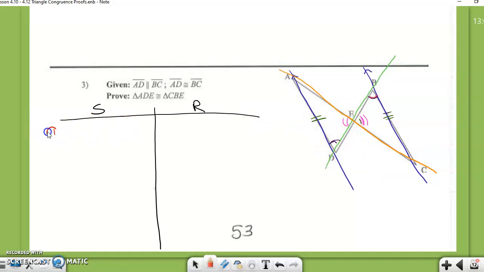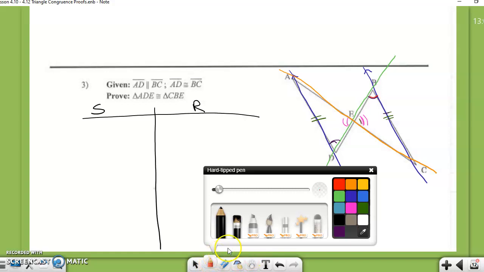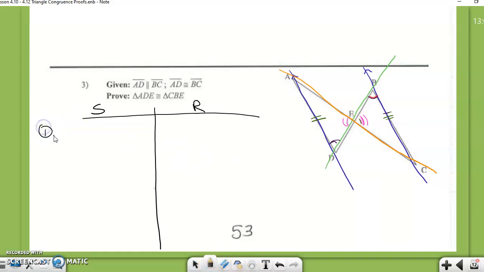So I'm going to start off with step 1, the AD. It's parallel to BC, and that was given.